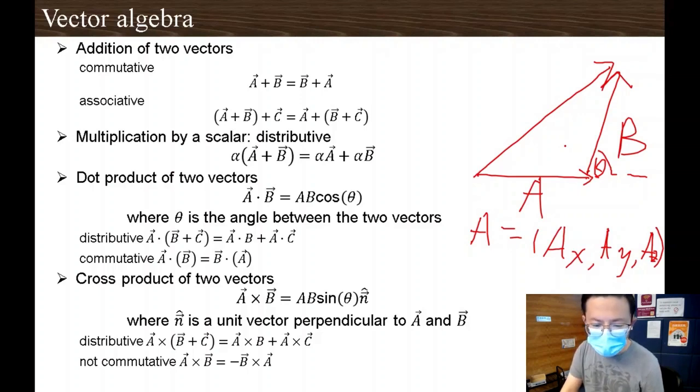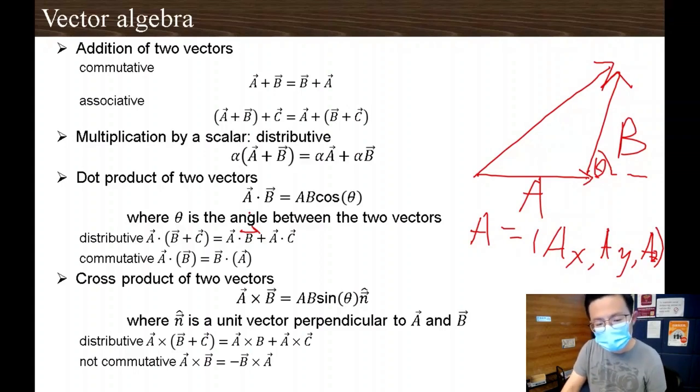And the dot product is also distributive and commutative. So A dot (B plus C) is simply A dot B plus A dot C. And commutative is A dot B is simply B dot A.